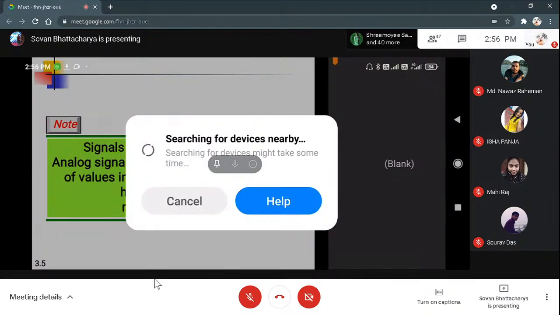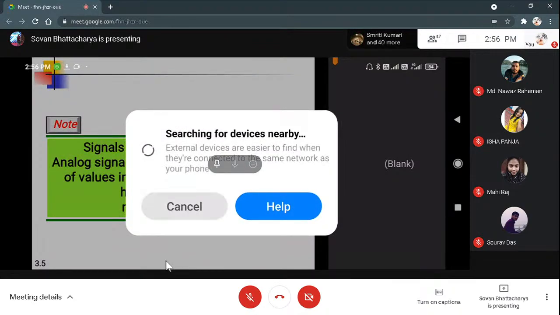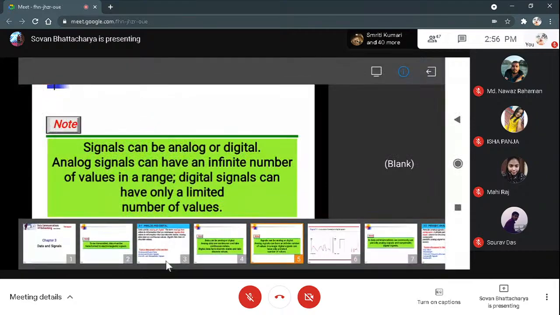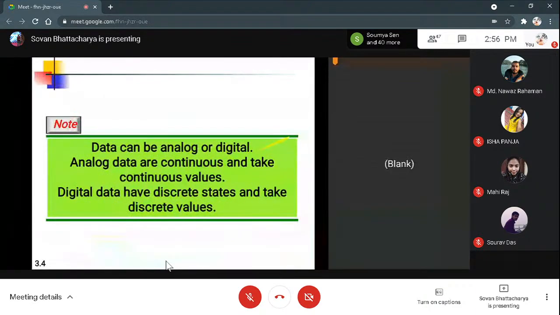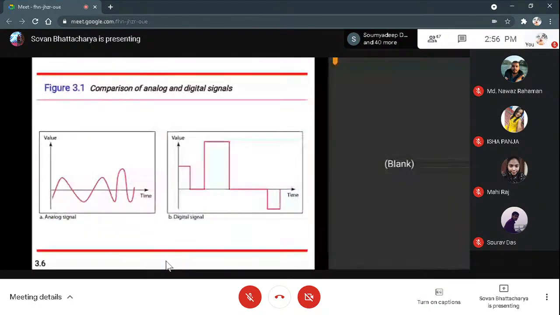So now you see this part, this is the signal formation. The first one is the analog signal. An analog signal is actually wave format data. That wave has three parts. Some part is the positive signal part.